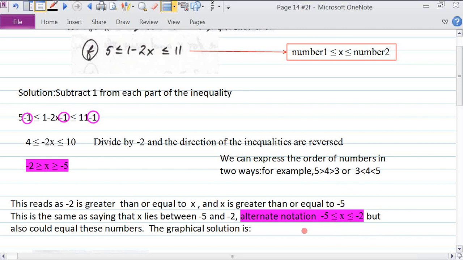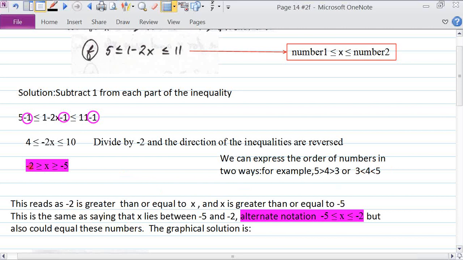So an alternate notation to this is to go from the lowest number, which is minus 5, to the highest number, still retaining an equal sign.